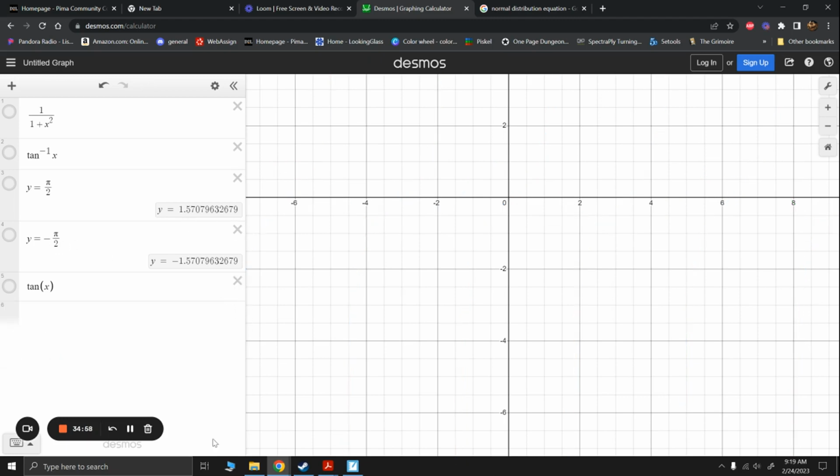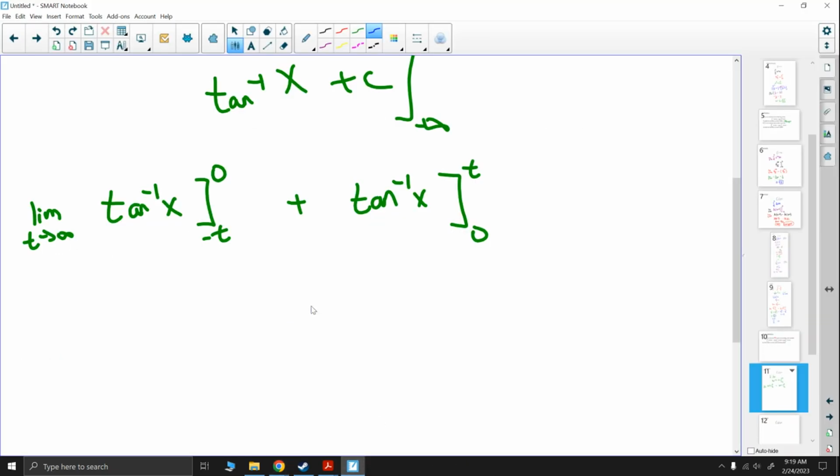But anyway, so we end up with that. Let's go ahead and write that out. Again, we have tangent inverse of negative t. I just did a negative t for this infinity so that I could have overall a limit. I could have done t to negative infinity, t to infinity, whatever.